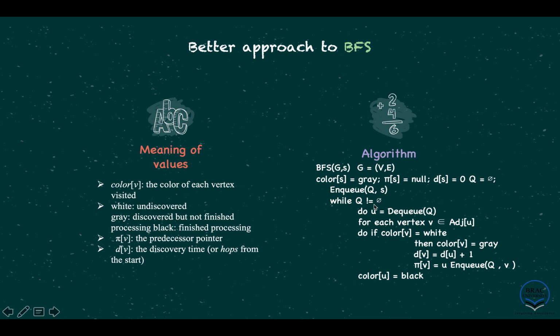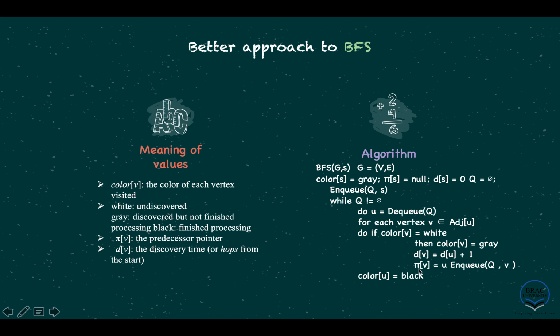While our Q is not empty, we dequeue the first element, and for that element we look for adjacent vertices. If the adjacent vertex V has color white, then we color it gray and we add a value to it. We get the value of d U, the previous level value, and add 1 to it.